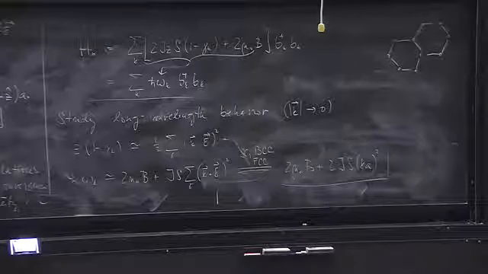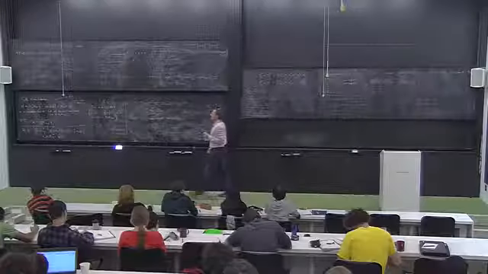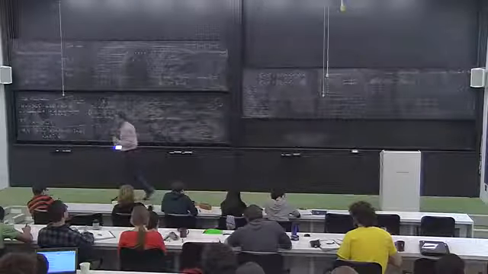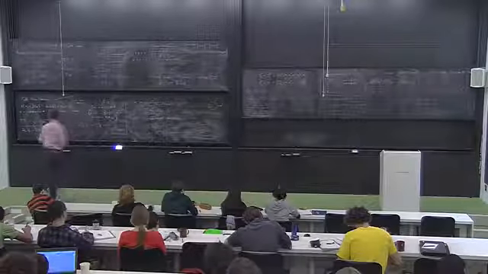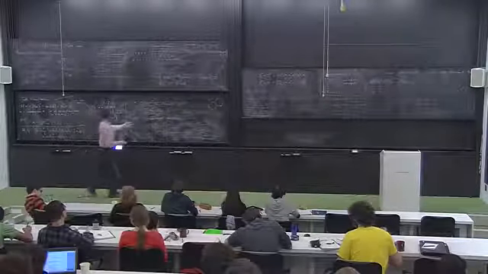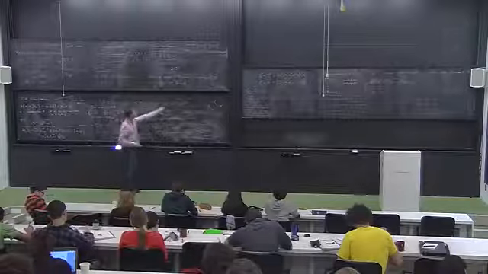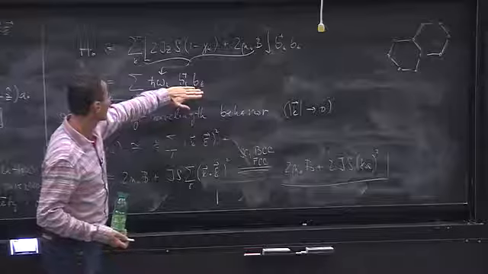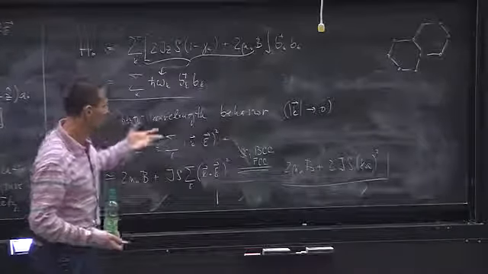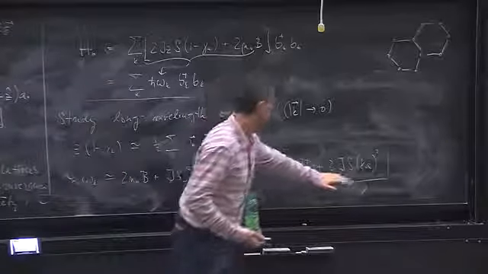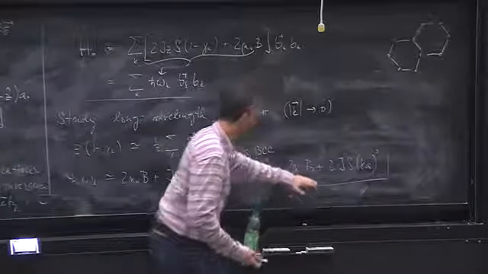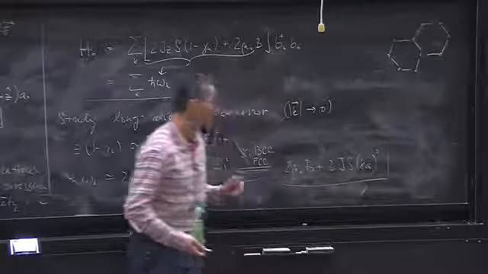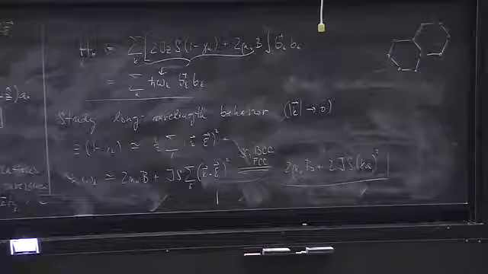The excitations of the ferromagnetic Heisenberg model in the low energy approximation are described by this simple Hamiltonian, which describes a bunch of non-interacting bosons, also called magnons, and they have a dispersion that is quadratic with some constant offset if you have applied a magnetic field. Any questions about that?